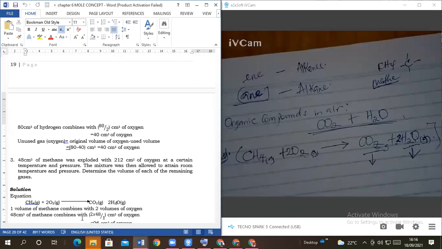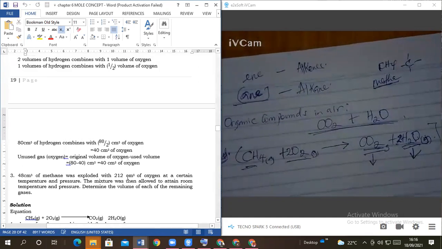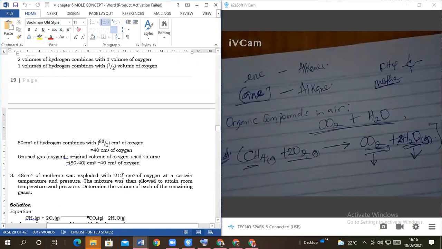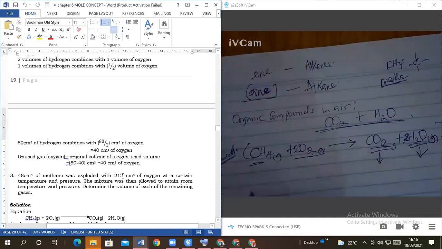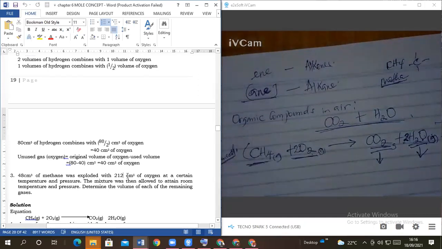So you have to look for the volume of this one, and then the volume of this one, and then also the volume of oxygen, because they have given you a certain volume of oxygen which you don't know that 48 of this one can explode with. So if you consider volumes, let's start with oxygen and check if the volume of oxygen they have given us was all used up.